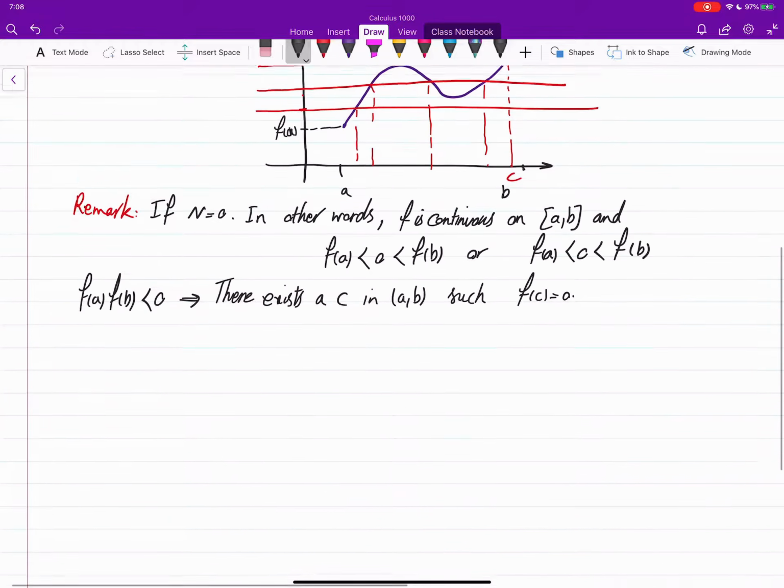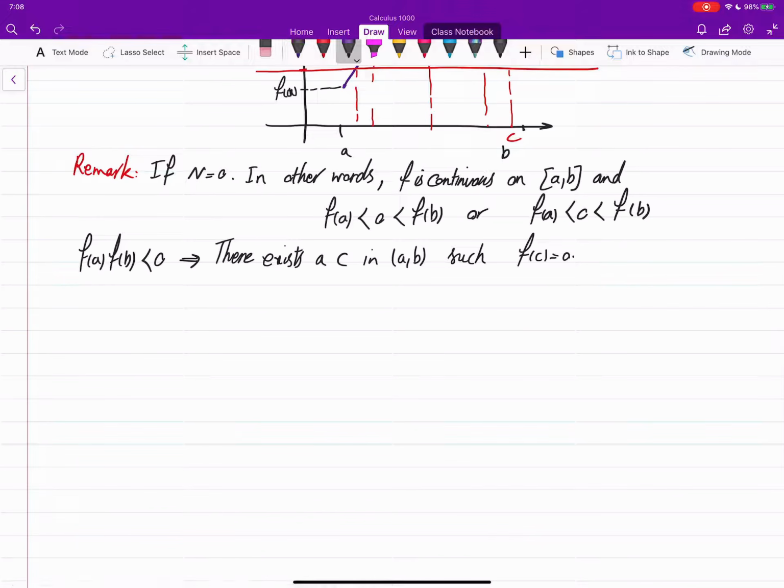Okay, let's see an example of this. Show that the equation x cubed minus 2x minus 1 equal to 0 has a root in (1, 3).